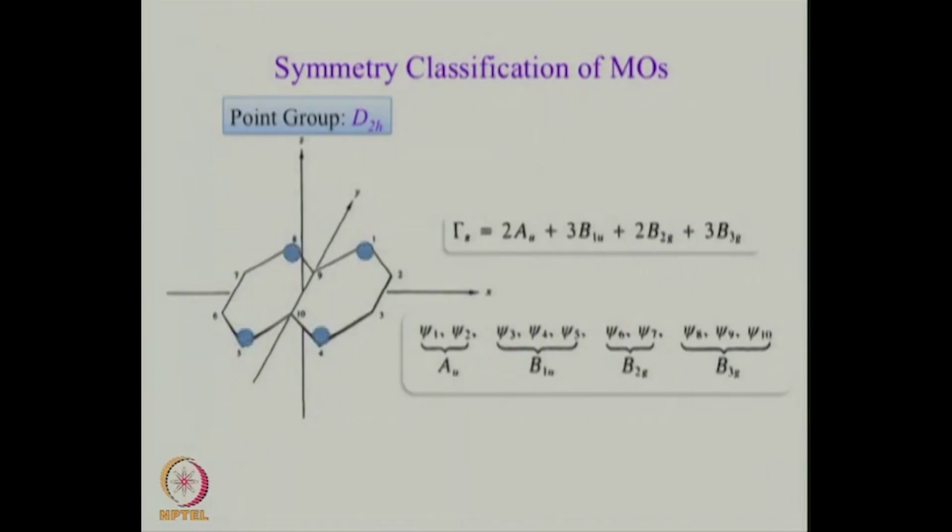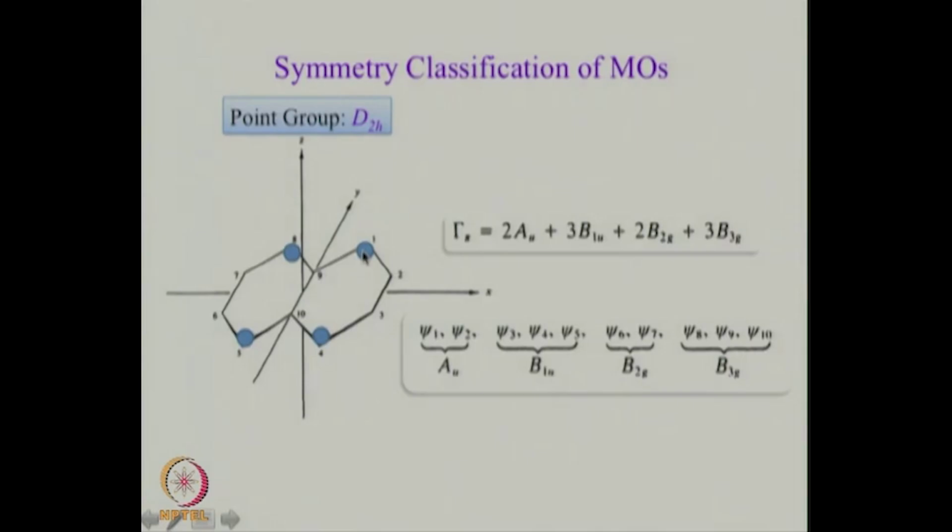And now, let us recognize the 3 groups of p orbitals that we can think of. This is the first group. Will you agree with me if I say that p orbitals on atoms 1, 4, 5 and 8 form a group? Why? Because no matter what you do to it, C2Z, C2Y, C2X or I, what happens when I apply inversion to atom number 1?